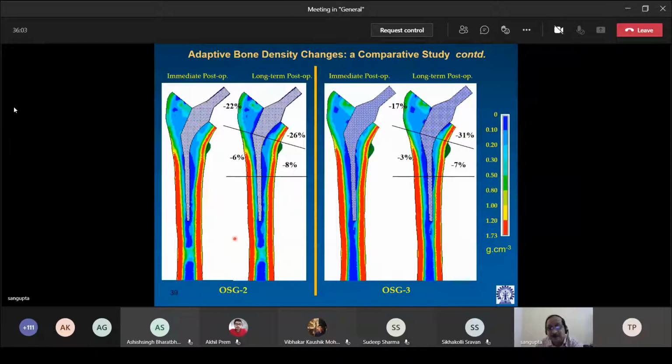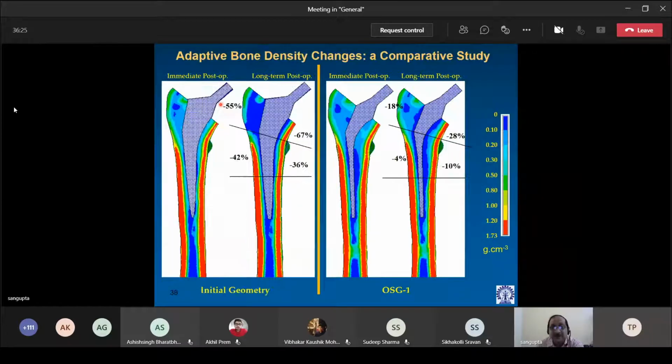If we consider OSG2 as well as OSG3, you see the values, percentage of bone resorbed for different cases, and this obviously is far less than what we had seen in case of the Trilok hip stem.